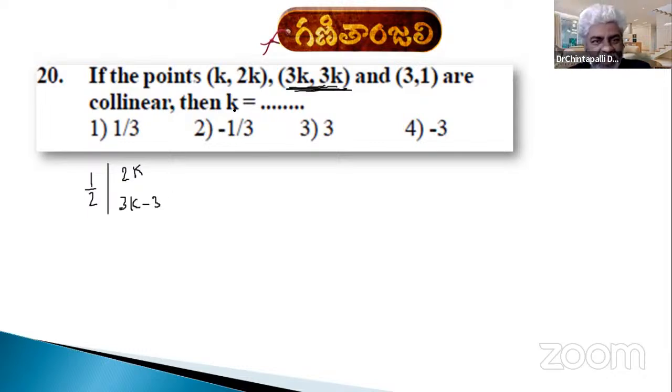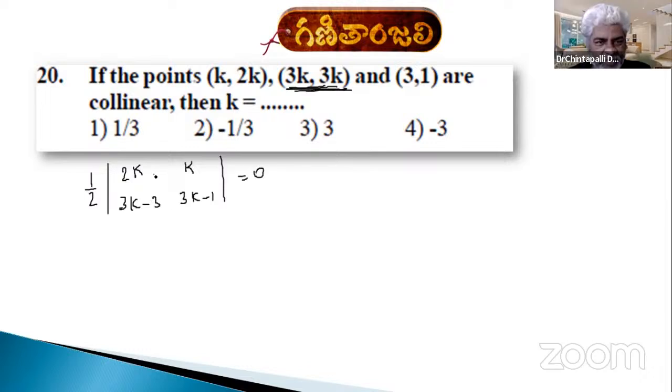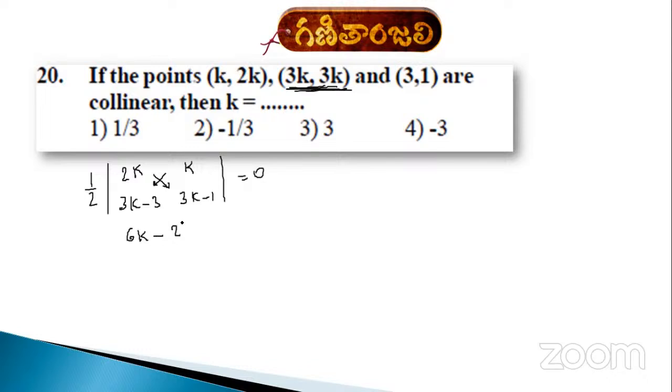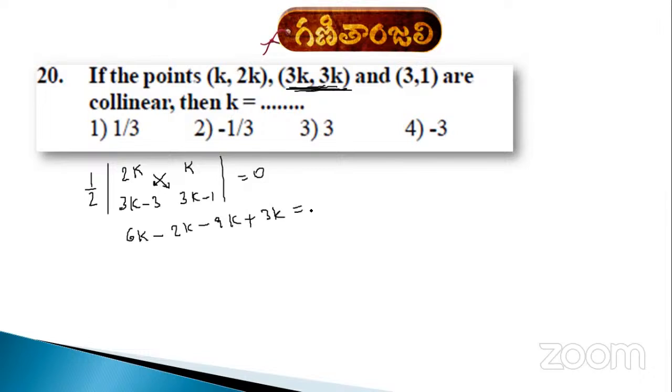Now 3K minus 2K, that is K, and 3K minus 1. Do cross multiplication: 2K into 3K is 6K, minus 2K, minus 9K plus 3K, is equal to 0.